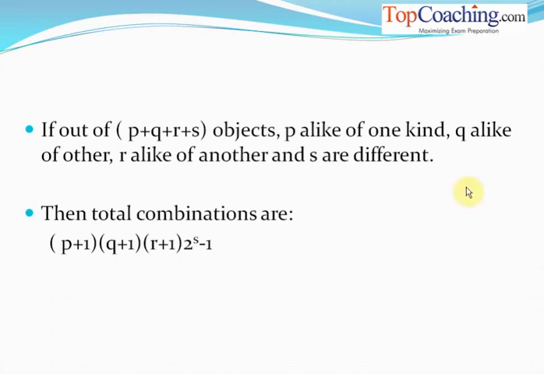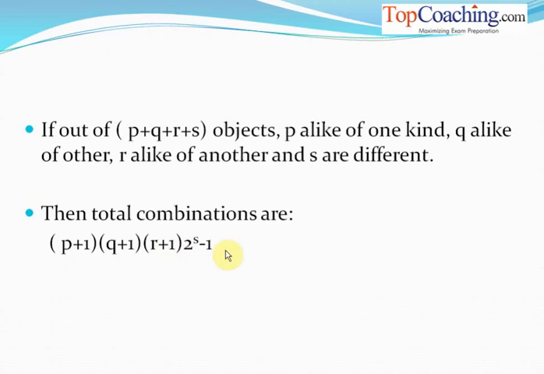So here we have P plus Q plus R plus S objects in which P are alike, Q are alike, R are alike, and S are different objects. And then the total number of combinations is (P plus 1) into (Q plus 1) into (R plus 1) into (2 to the power S minus 1).